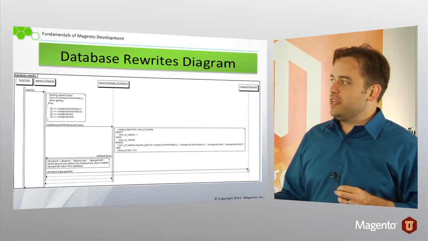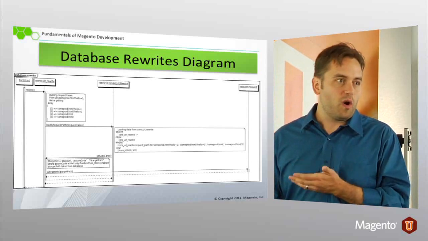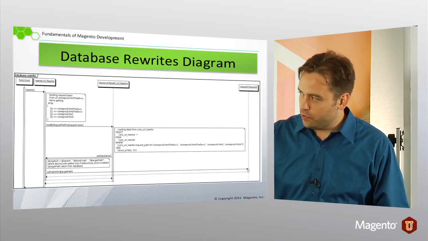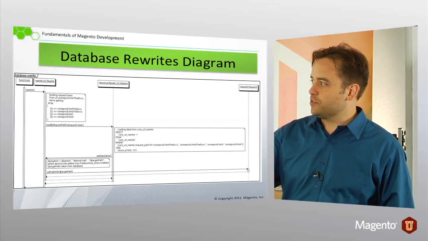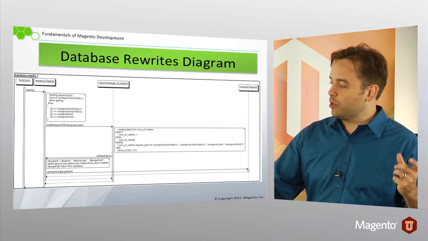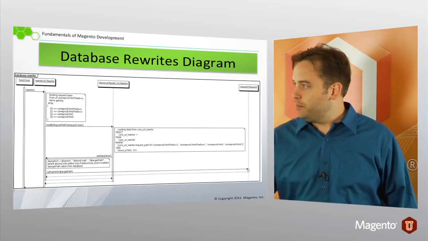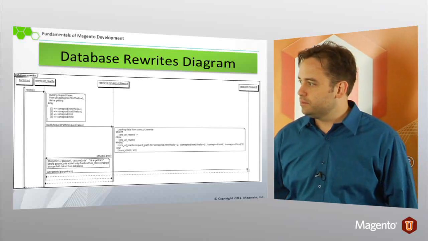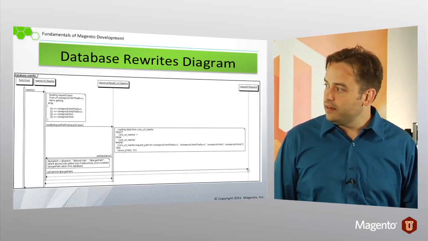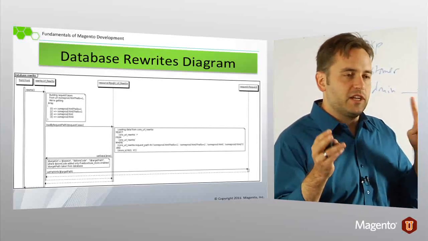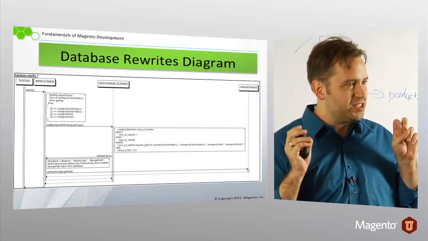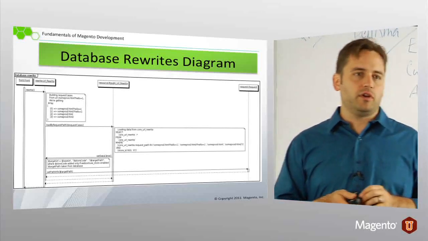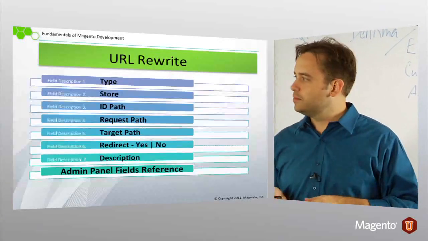Then we try and see from our core URL rewrite table if this matches anything, with the store scope. So we just try and see, is our current request path in one of these values in this array, and if it is, then Magento can actually translate to the correct system path. Like again, catalog category view ID 10.